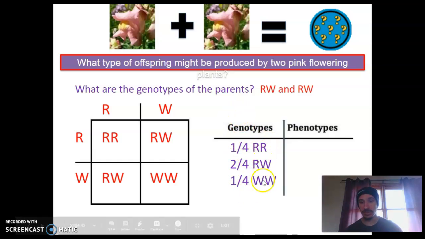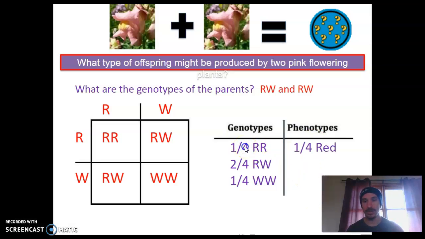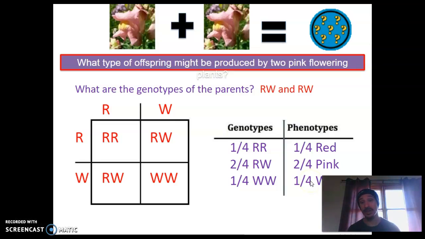So what do these three genotypes correlate to phenotypically? Well, we know that RR is red, RW is the pink, and WW is white. So it's really as simple as that, folks. It's no different from what we've been doing. We just need to understand that sometimes in some organisms, dominance and recessiveness is not how it works. And it can work in this fashion as well.